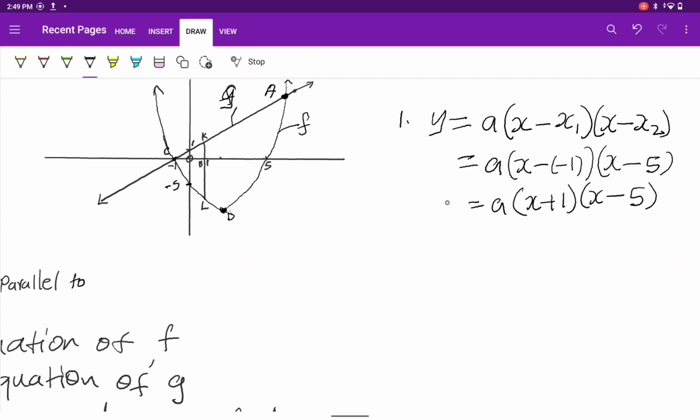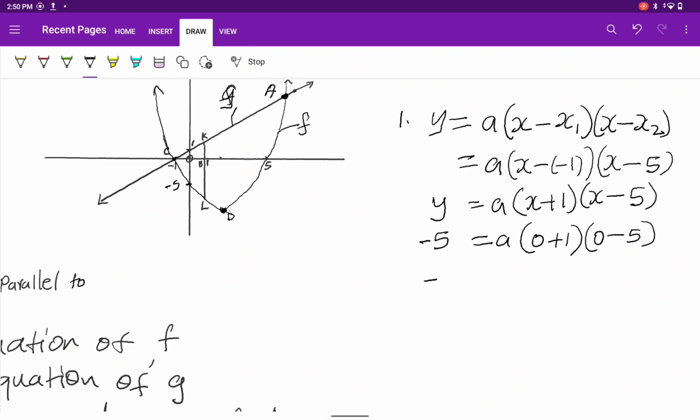Now we substitute the other point so that we can find the value of a. The point is (0, -5), so the y value is -5 there. We have -5 equals a times (0 plus 1)(0 minus 5).